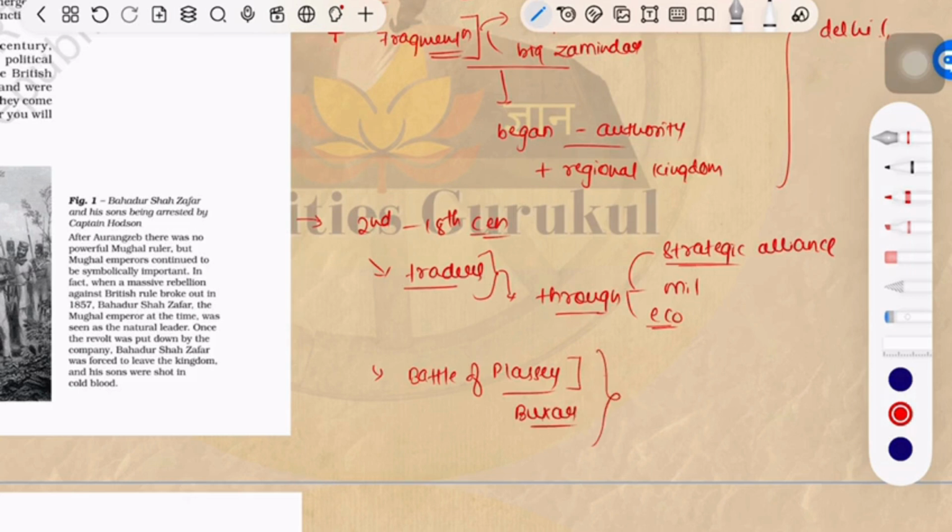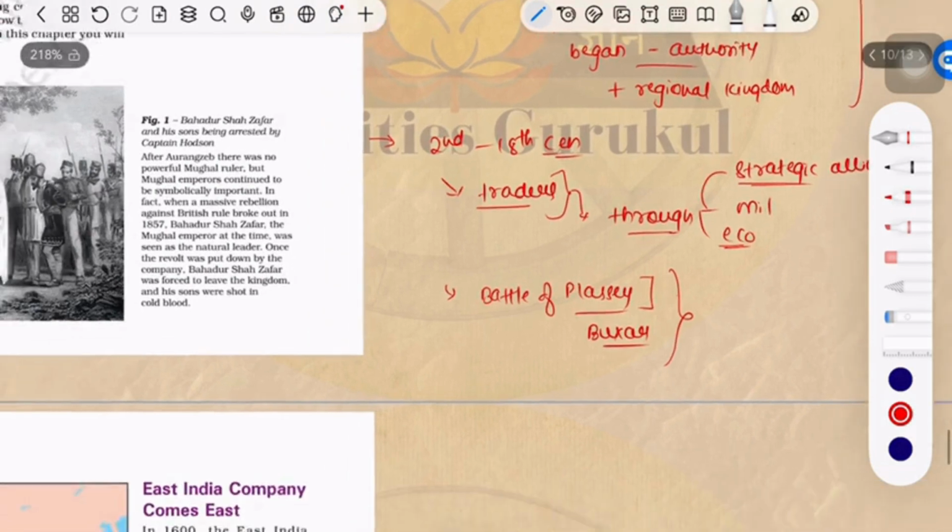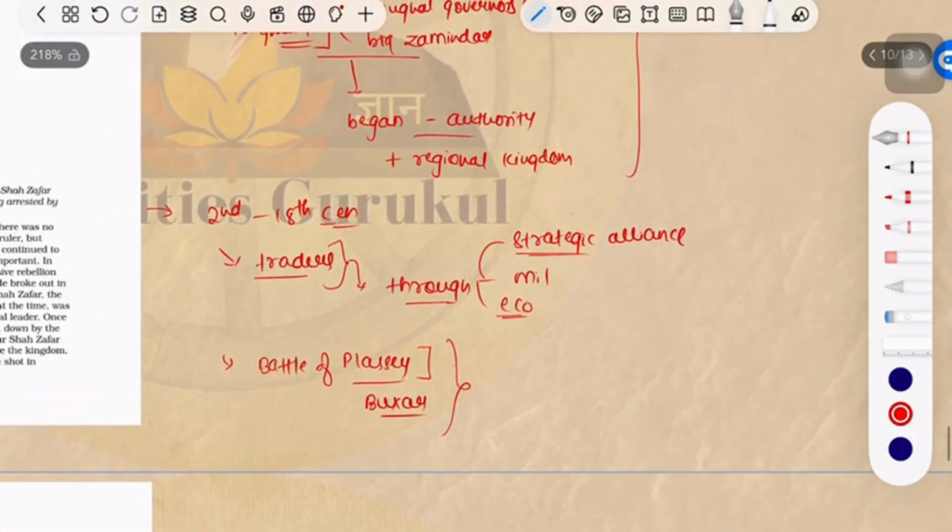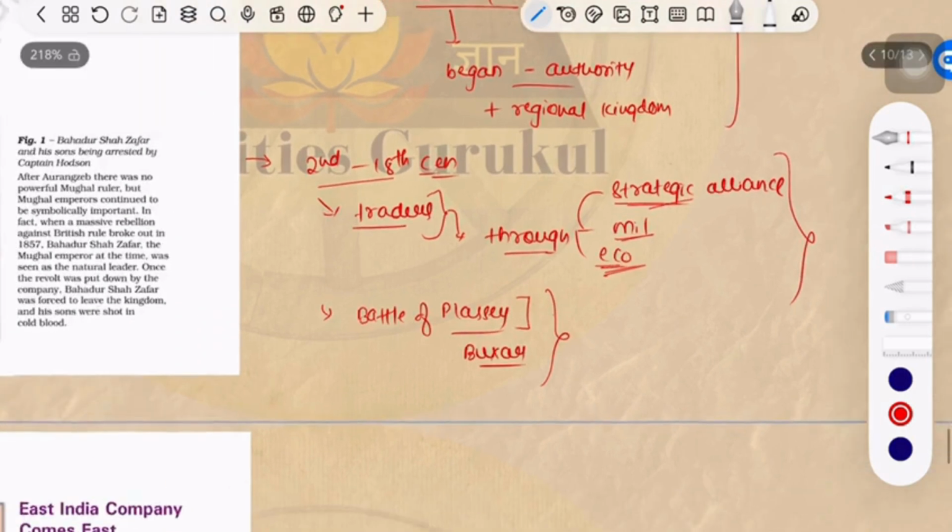These two we will discuss in subsequent chapters, but you have to notice this point: in the second half of the 18th century, from traders, through their strategy, their military power, and their economic strength, these three things helped them get deeper into Indian politics.